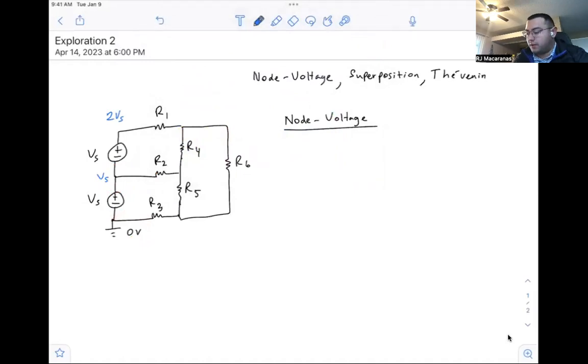So we're going up through one power supply, from 0 up to Vs, and then from Vs up another Vs to 2Vs at that top left node. So that gives us what we know.